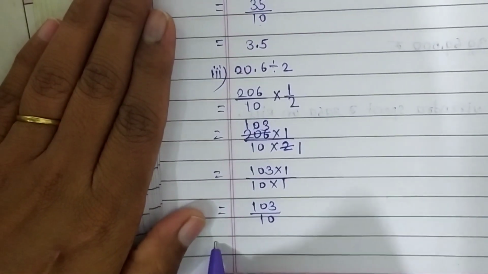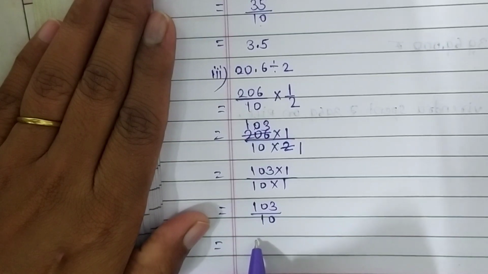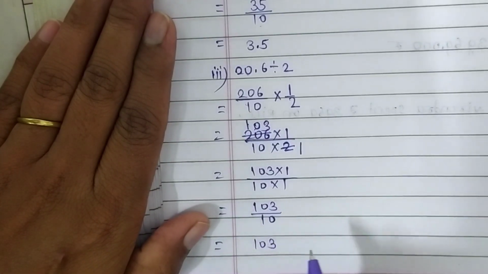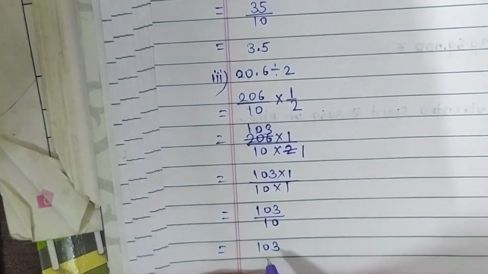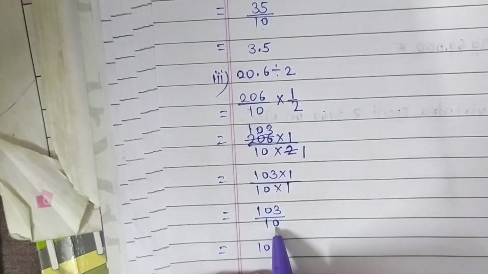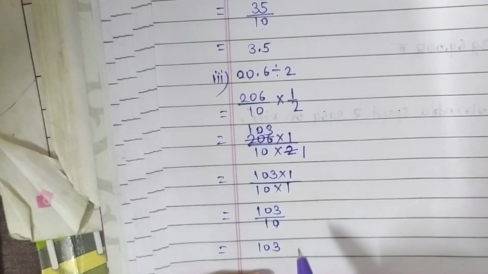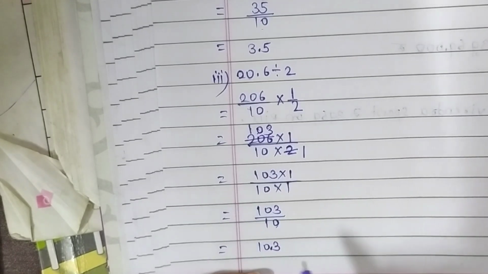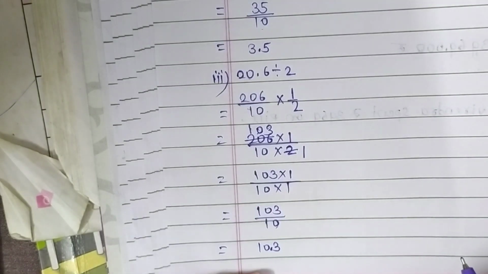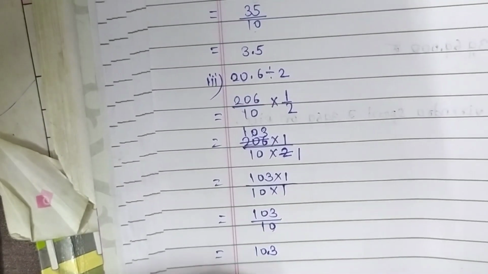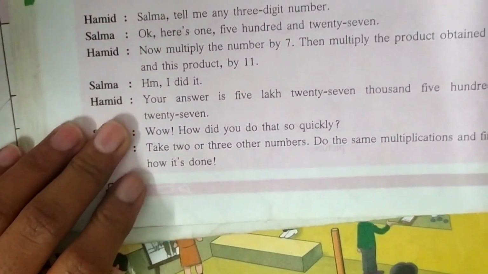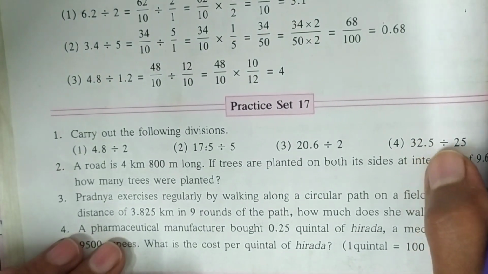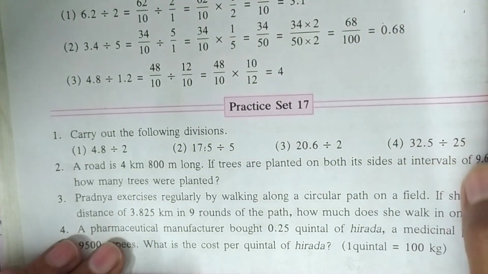Let's convert it into a decimal fraction. Write 103 and here the denominator has only 1 zero. So we leave from our right side one number and put here a decimal point. It's 10.3.